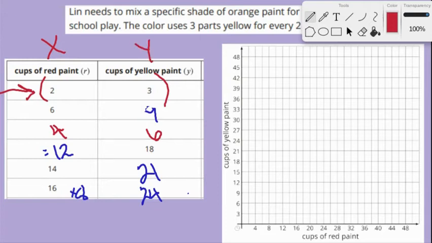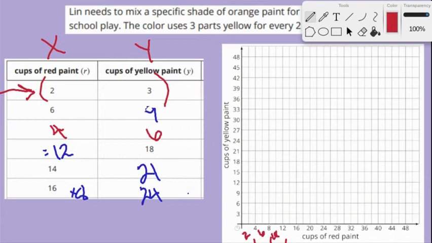So the point 2, 3 means on my x-axis, I'm going to go to 2. Now, if I look at the scale that is on my cups of red paint, it's counting by 4s, which means I'm going to have to do a little bit of thinking and say, okay, well, if it's counting by 4s, that means each line is worth 2. So the first one is 2, 4, then 6, then 8, then 10, etc.